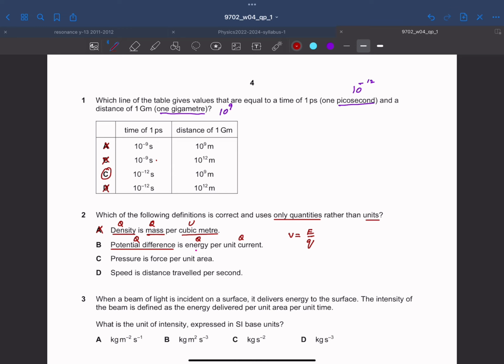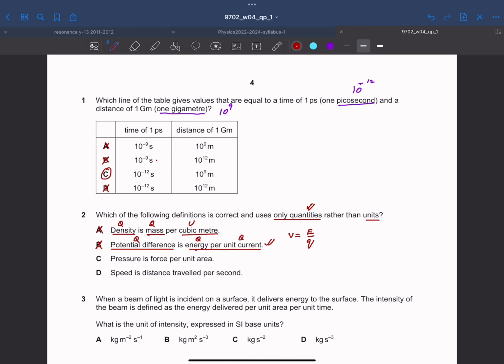So that's why this option is not right. It's not energy per unit current, but energy per unit charge.